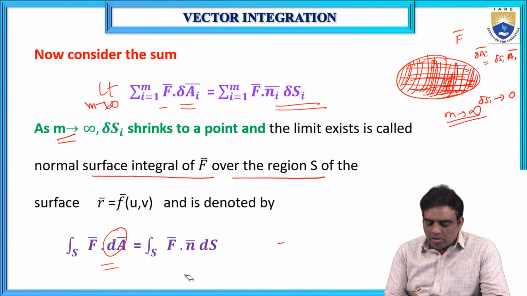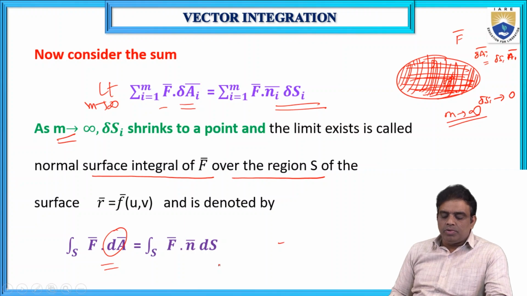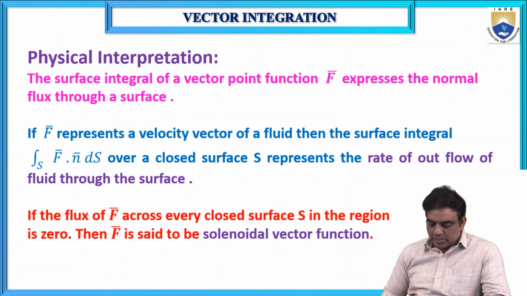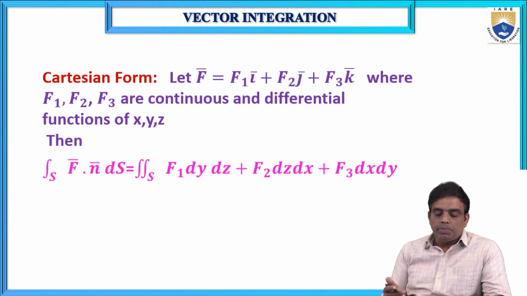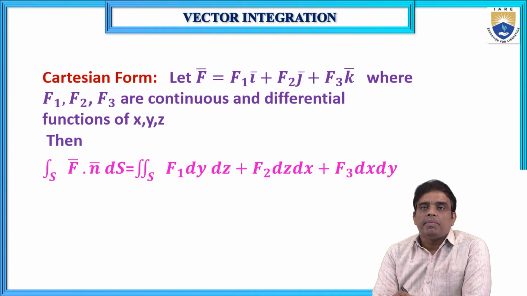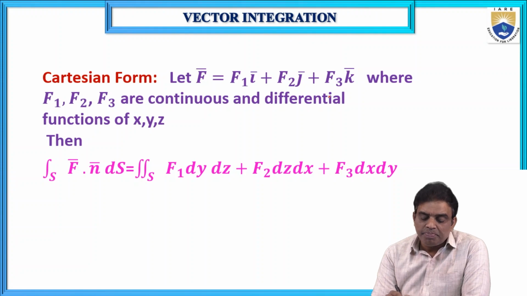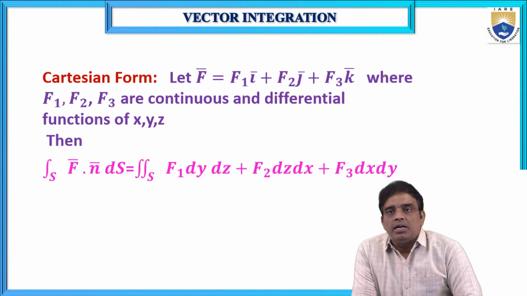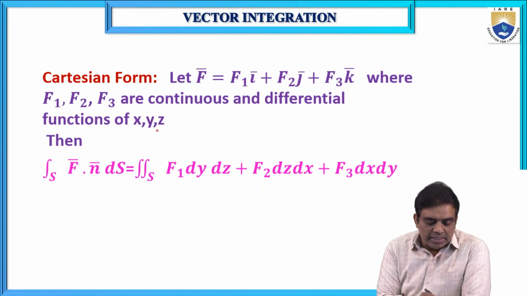In this I already explained f bar dot n bar ds. So how to evaluate it? If you take the Cartesian form, let f bar be equal to f1 i bar plus f2 j bar plus f3 k bar, where f1, f2, f3 are continuous and differentiable functions of x, y, z.